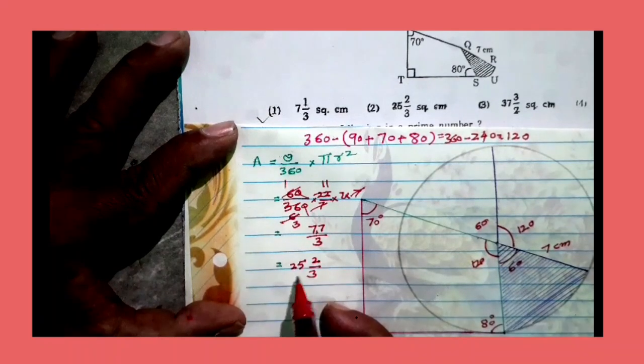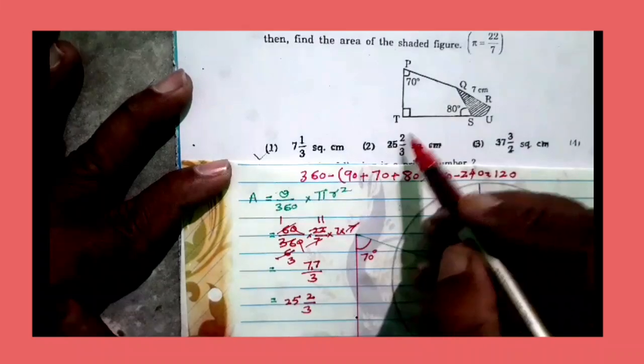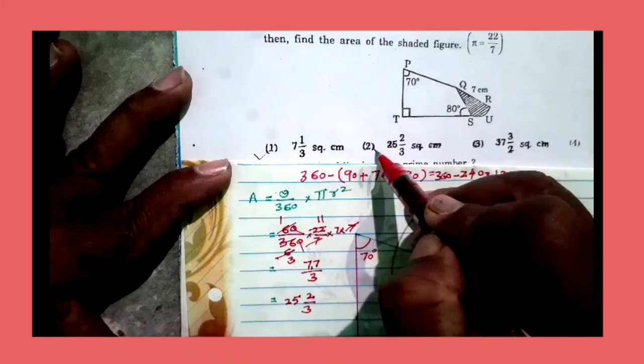Remaining is 2. So 25 2 by 3 is our answer.